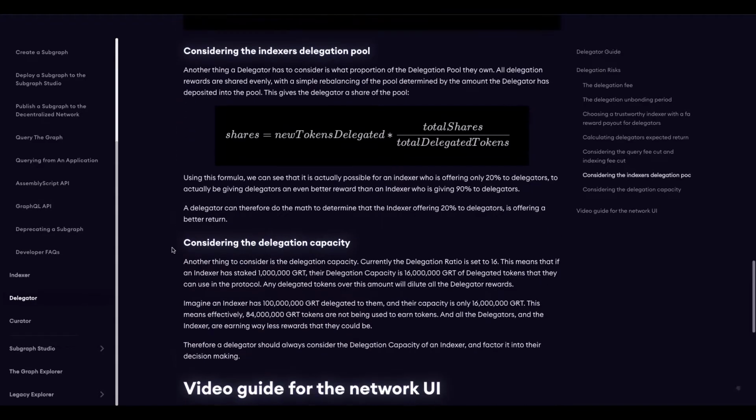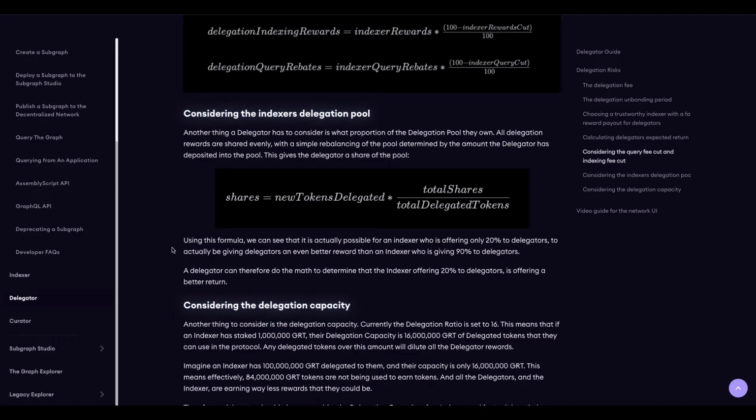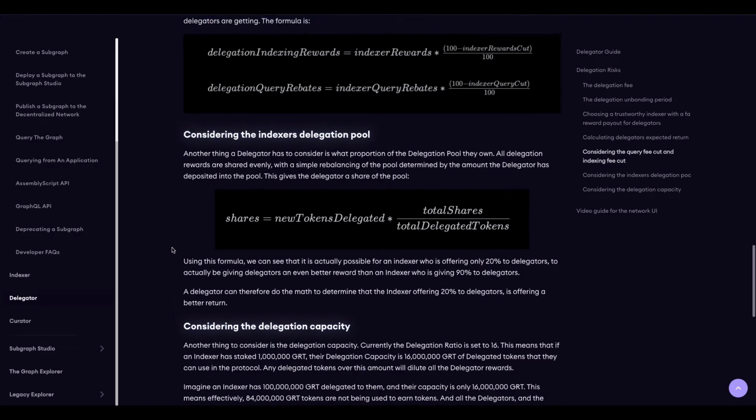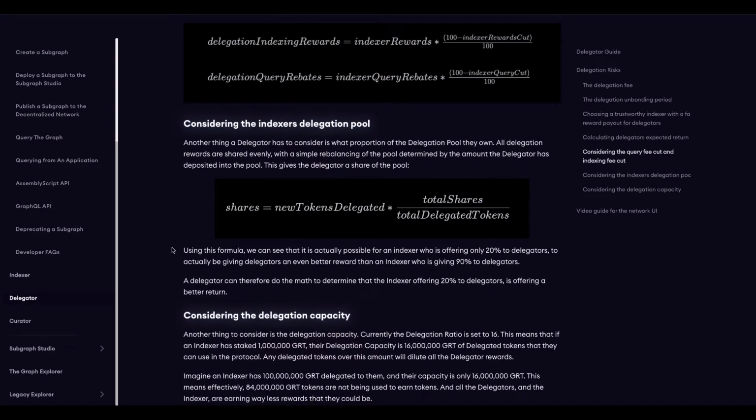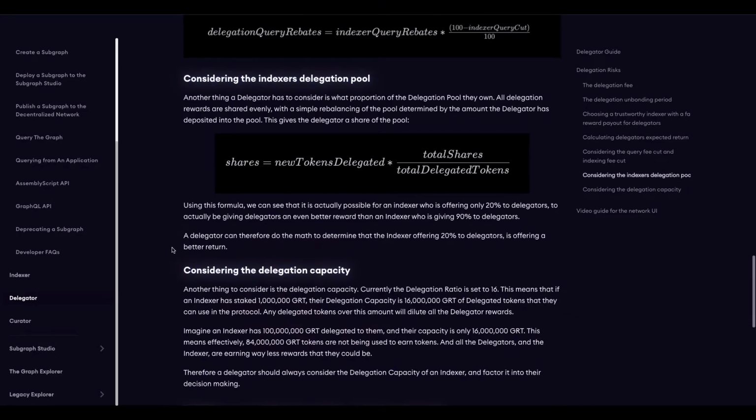So there's two other things you want to keep track of. You want to keep in mind, before you choose an indexer, where you will stand in that indexer pool, because the bigger your share in the pool, the more rewards you get, right?